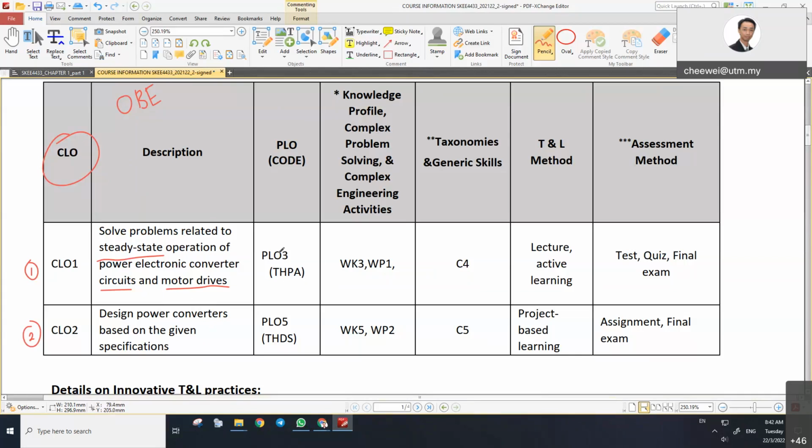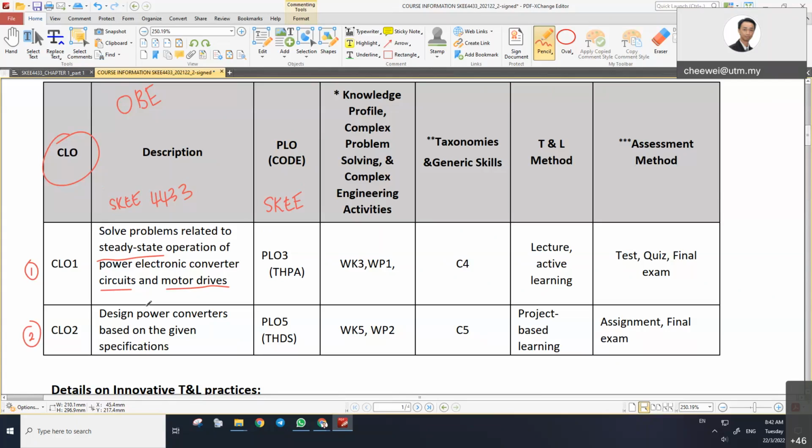This one will be mapped to PLO3. PLO stands for Program Learning Outcome. The course is SKEE4433, and the program refers to your electrical program, SKEE, that lasts for 4 years. This is only one course.